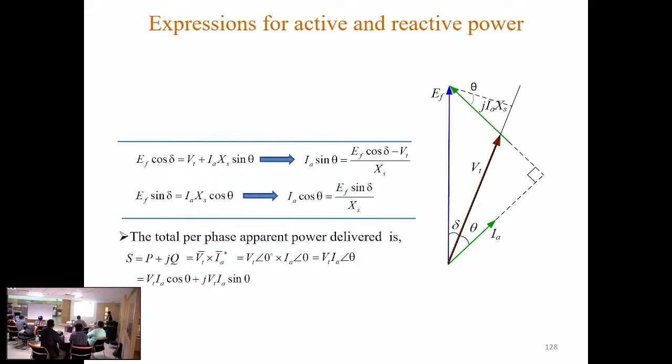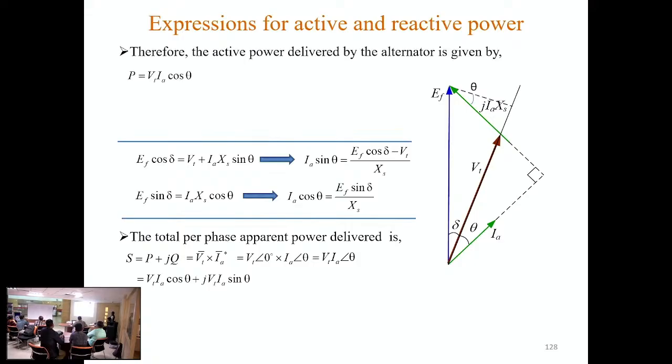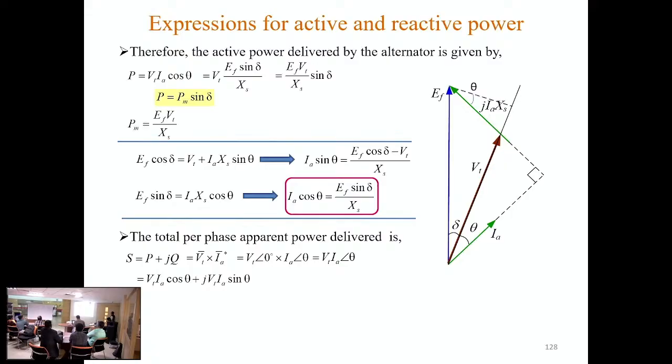Therefore the active power delivered by the alternator is P equals Vt Ia cos theta, and if we put Ia cos theta equal to this, we get Ef Vt by Xs sin delta. That is the power angle equation, the variation of power with respect to the power angle or torque angle delta. So P equals PM sin delta, where PM equals Ef Vt by Xs. A very well known and popular equation.